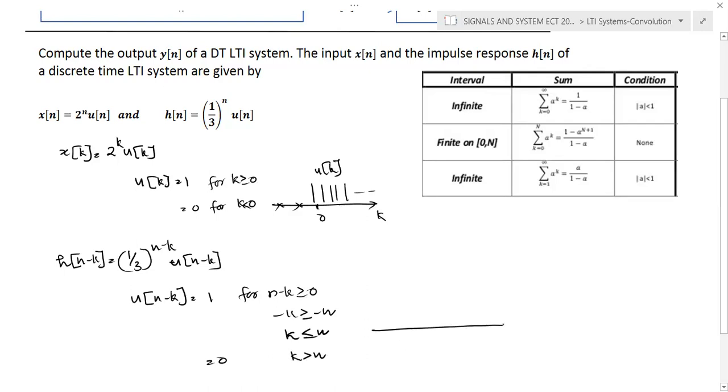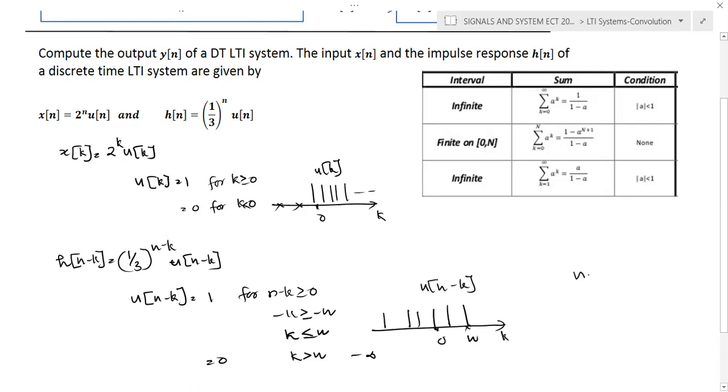If you draw the waveform, assume that n is positive. You can mark n here, so it becomes a signal which exists from minus infinity to n. That is u of n minus k.